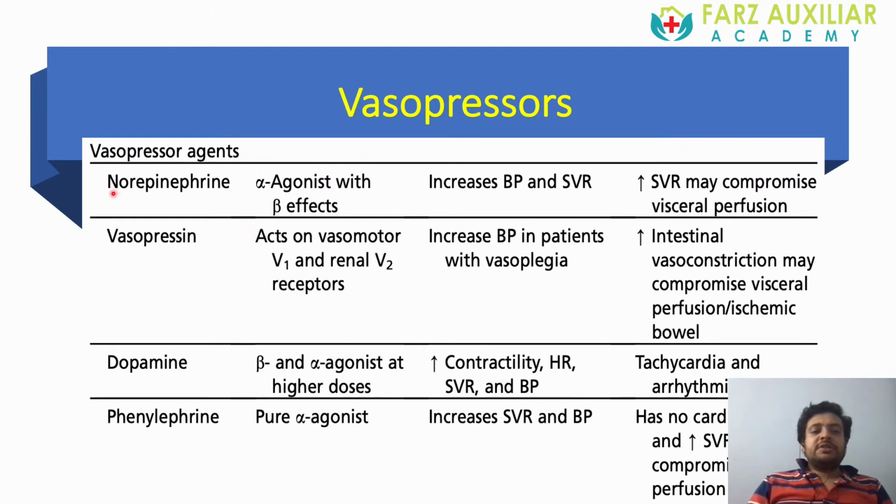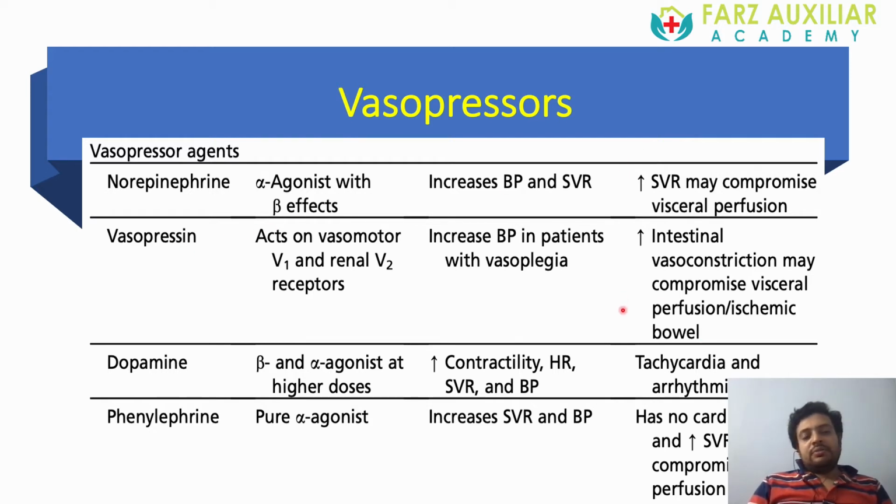Regarding the vasopressors, noradrenaline and vasopressin are most commonly used along with phenylephrine. Noradrenaline also has some beta effect, and the main problem is that it increases the SVR and it may compromise visceral perfusion, though mostly it's a theoretical concern, but still it needs to be taken care of.